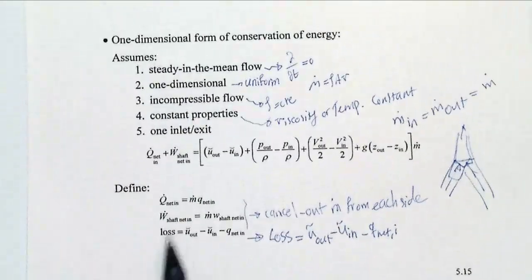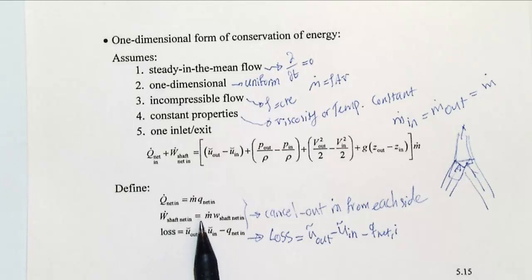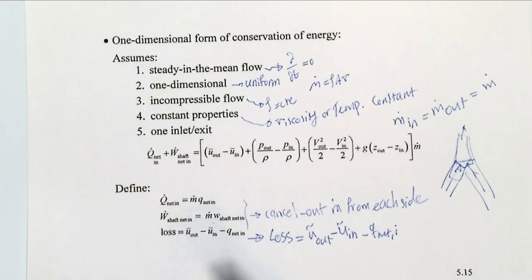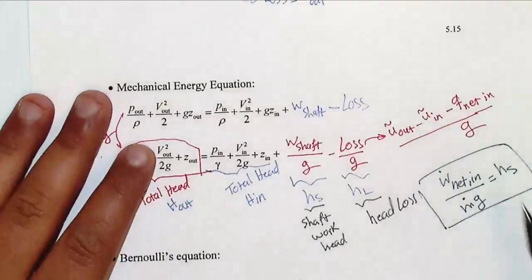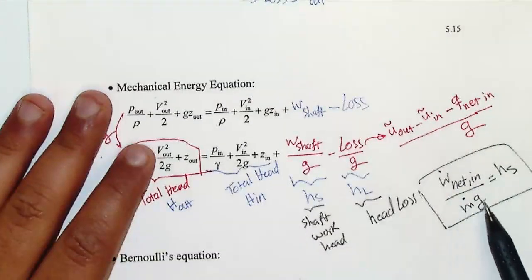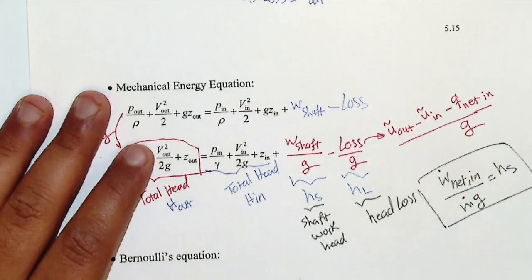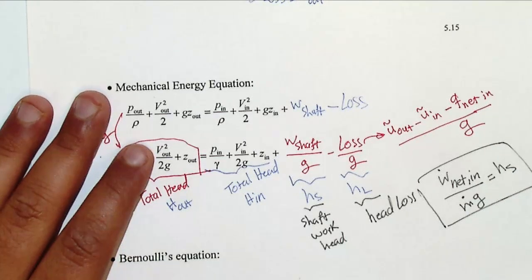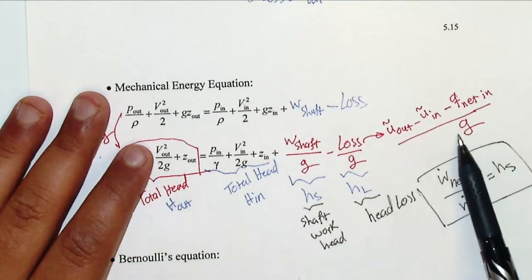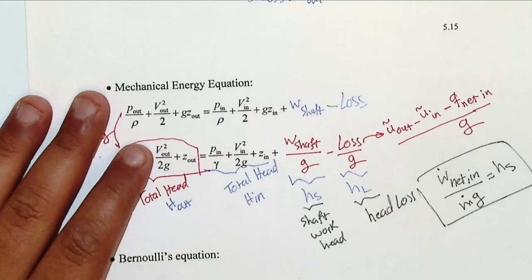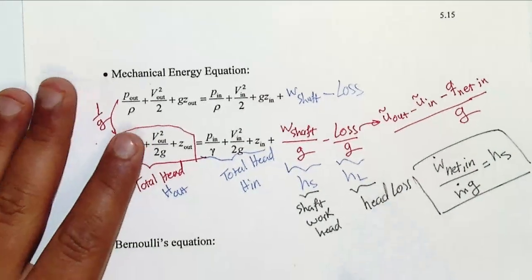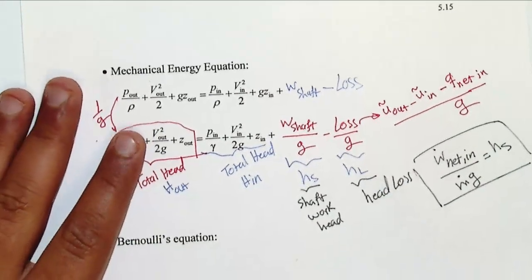Again, we assume the W dot shaft is m dot W shaft, right? So W dot over m dot is W shaft, and over g, multiplying g on the denominator, is going to be your shaft work head. And the loss over g is going to be your head loss.